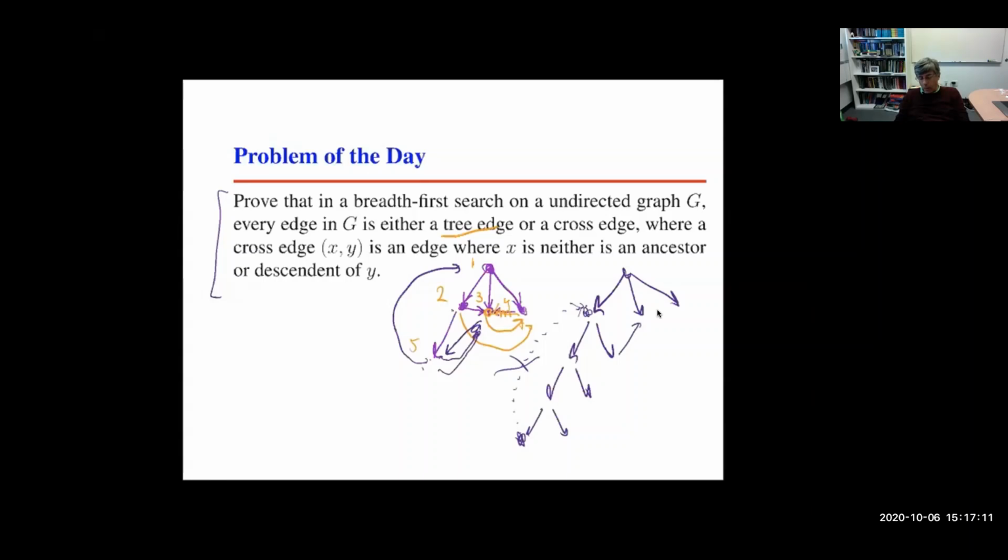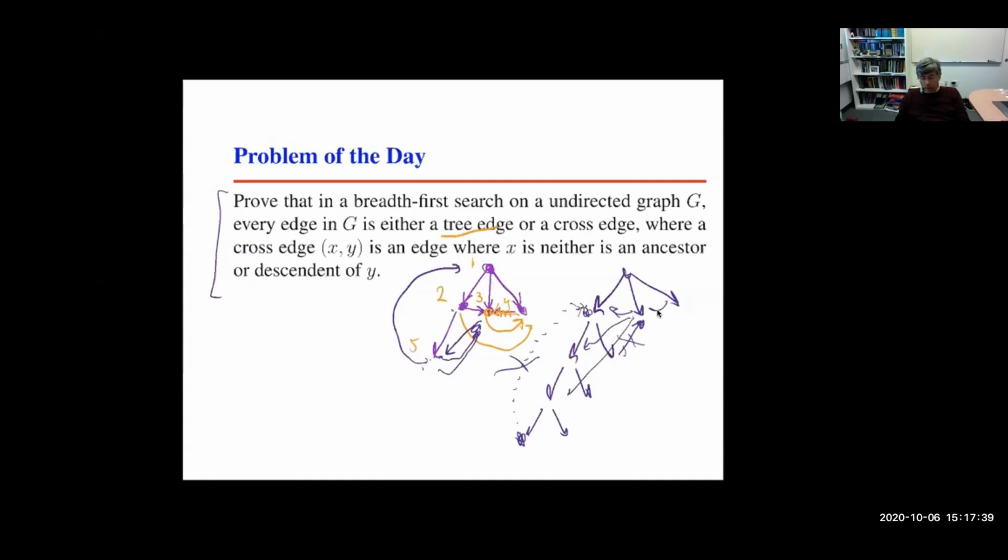I can have edges that go to previous nodes on my level, and they can go to nodes on a lower level. But they can't go 2 levels down.